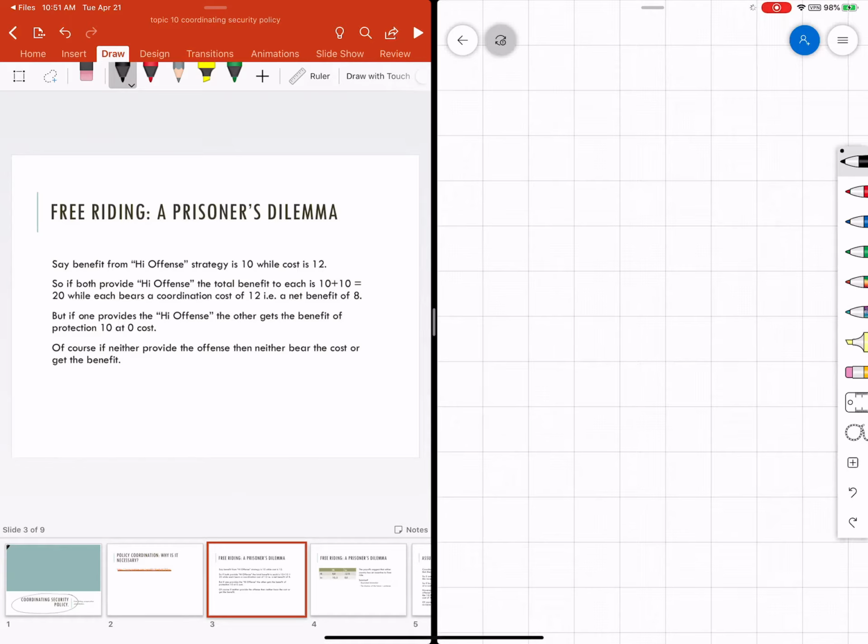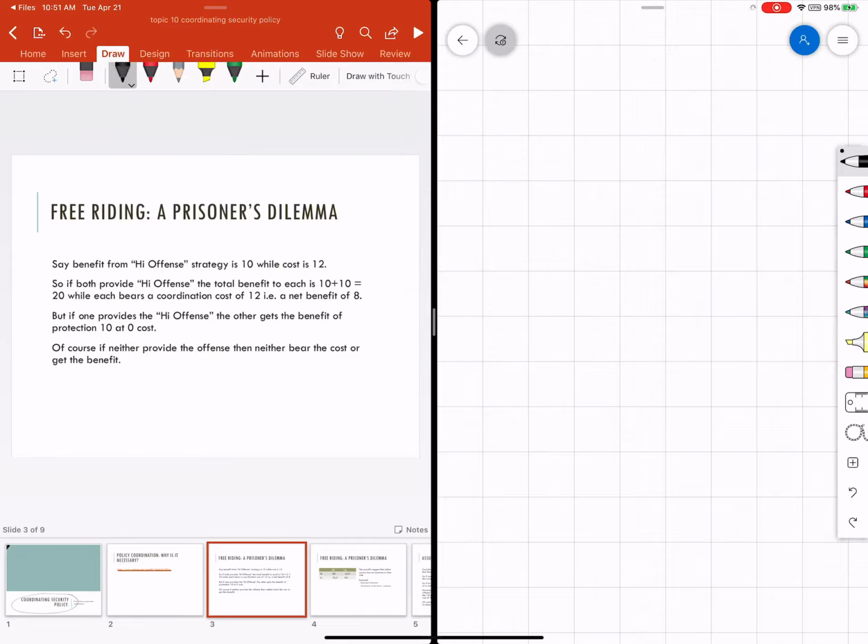And so I'm going to look at it in three different examples. The first one is going to be thinking about this problem through the lens of prisoner's dilemma. How do we formulate this? Well, I'll talk about something called increasing, decreasing, and constant returns to coordinating national security policy.